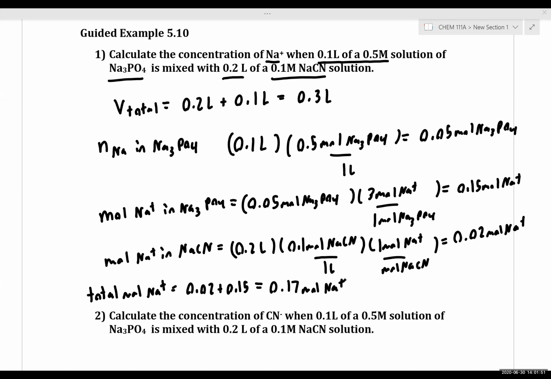And now to finish off this problem, the concentration of sodium plus is the total moles, which is 0.17 moles over the total volume of 0.3 liters, which in turn gives us, when we punch this into our calculator, a final molarity of 0.57 molar.